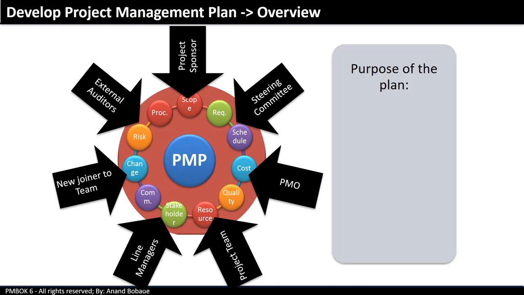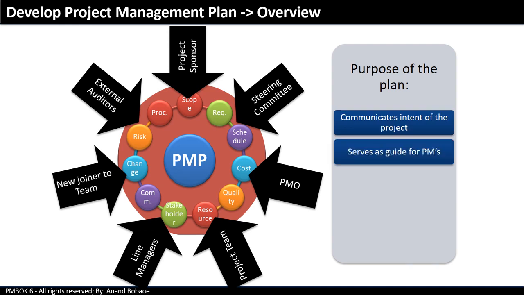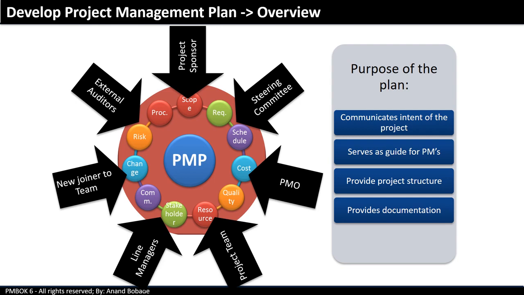In a nutshell, the purpose of the project management plan is to communicate the intent of the project, serve as a guide for the project manager throughout the execution of a project, provide project structure, provide documentation, and provide a baseline. It is the central document which guides the overall execution of the project.